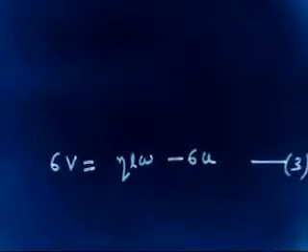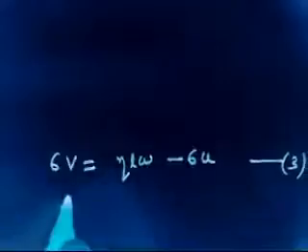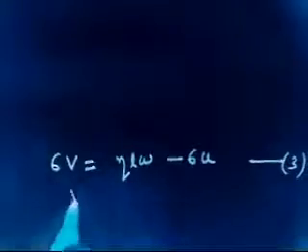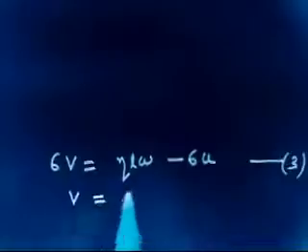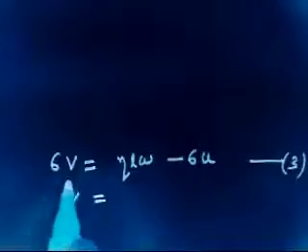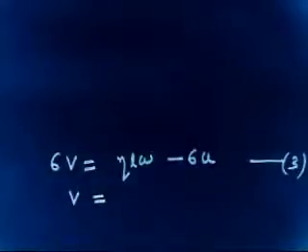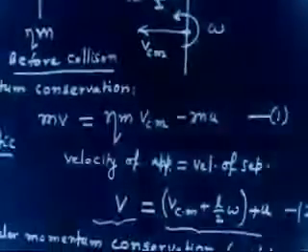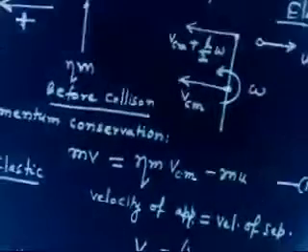So let me again copy the first equation. The first equation is, after cancelling the m, v equals, this is basically v_cm. Let me see, what is the v_cm and what is the v? Yeah, there is some mistake, I think.